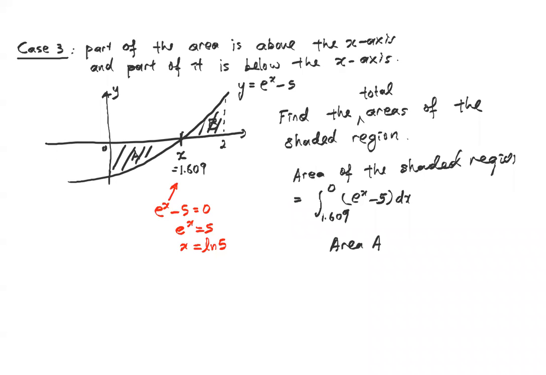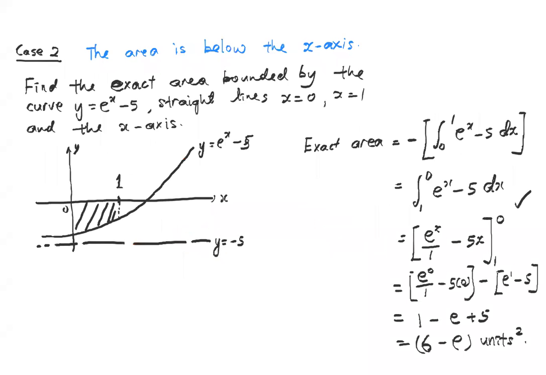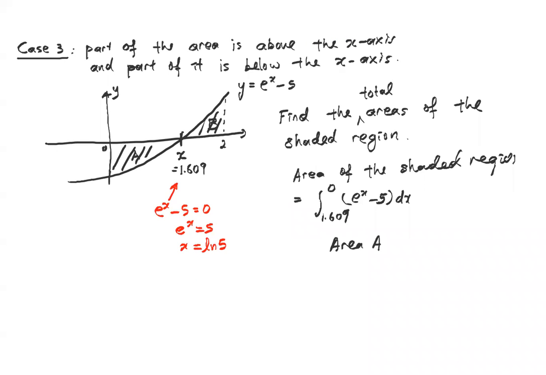Agree? Okay. I'm using my case 2 method, see or not? Case 2 method, because it's below. Every time part of it is above and part of it is below, they will ask you to write an integral expression to represent it. So plus, I integrate from, okay, why do I have to change the limit here, instead of writing 0 to 1.609?